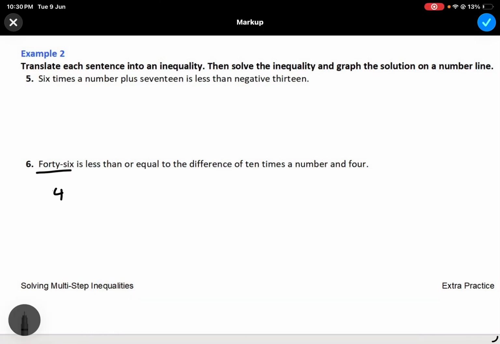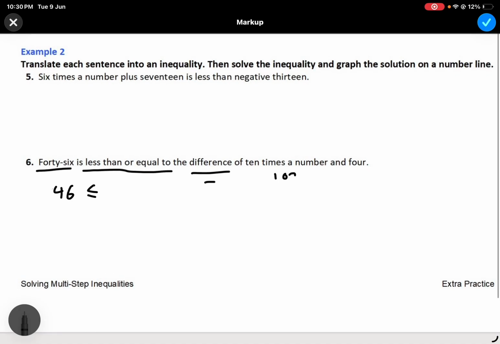So 46 is less than or equal to the difference, that is minus, 10 times a number, that is 10x, and 4, that is 10x minus 4. So 46 is less than or equal to 10x minus 4.